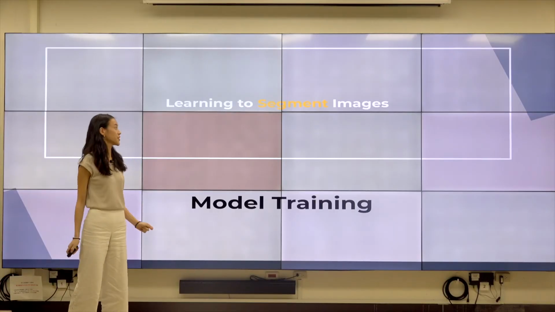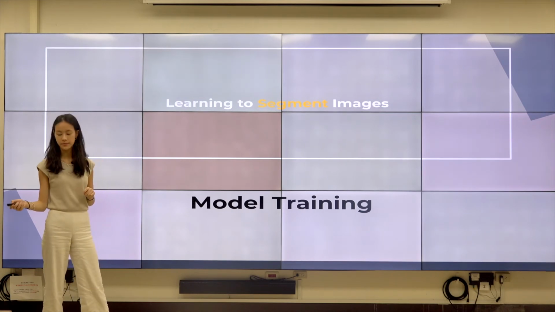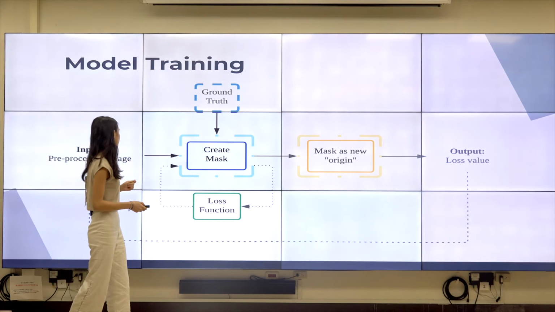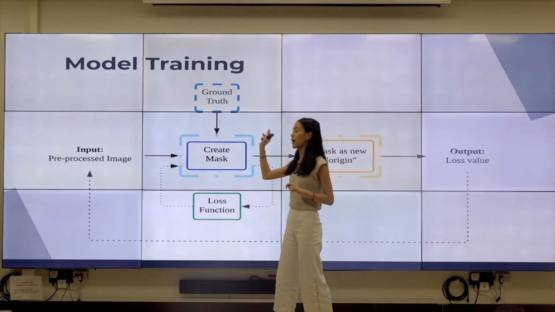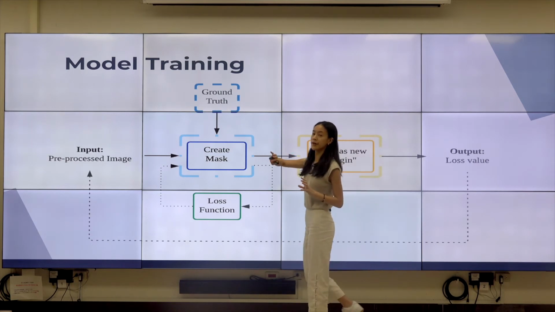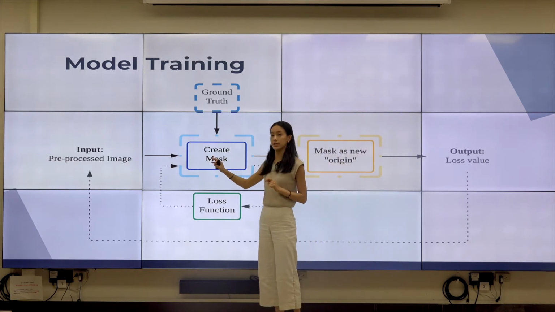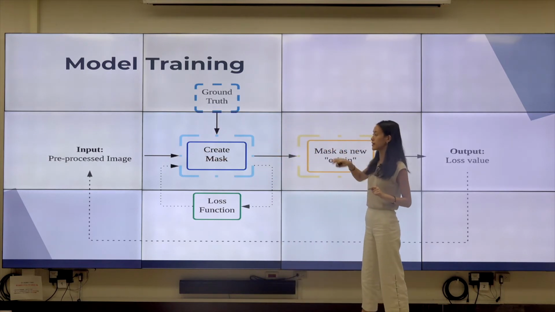So going on to model training, it is basically to learn to segment these images. The workflow for this is that we would have the pre-processed image that has gone through the pre-processing steps that we talked about. And this is for every single slice or every single image that would come in. It would create this mask and be compared to the ground truth.